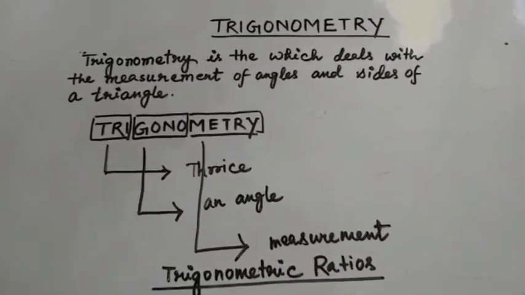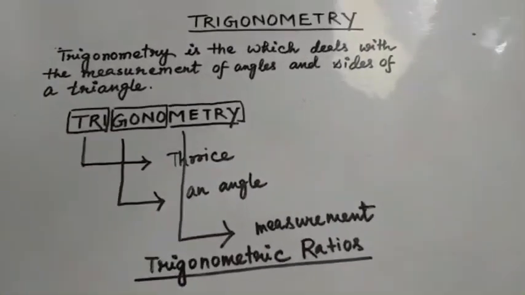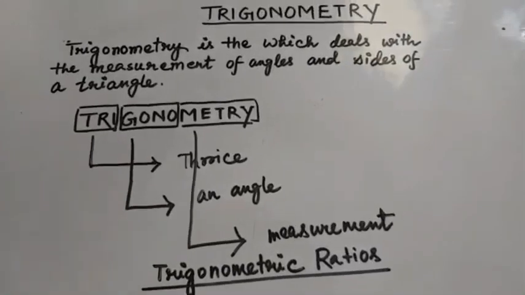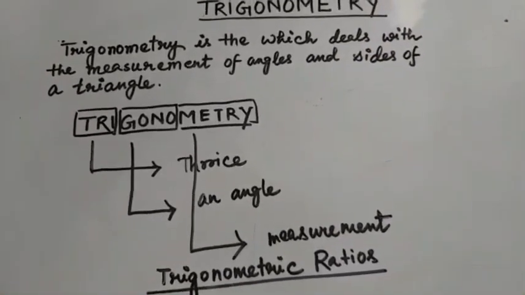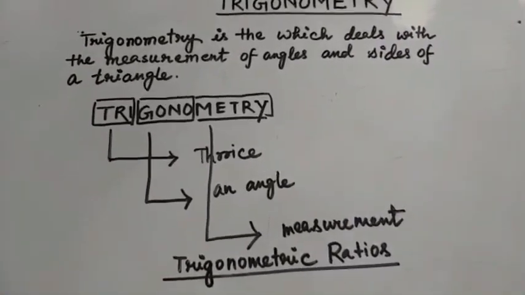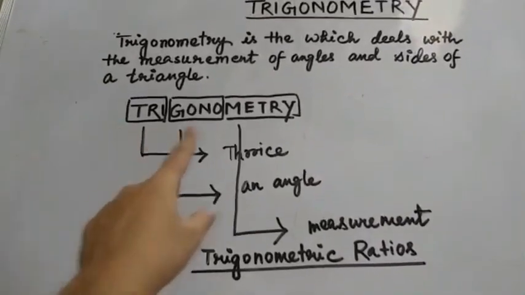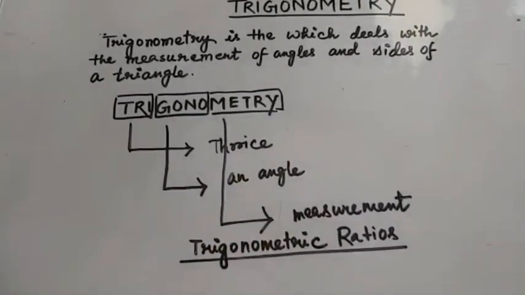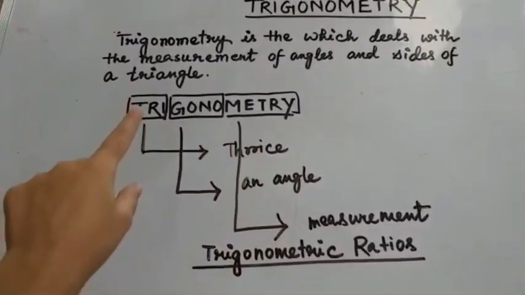What is trigonometry? Trigonometry deals with the measurement of angles and sides of a triangle. As you can see, I have written the word trigonometry in capital letters and divided it into three portions.